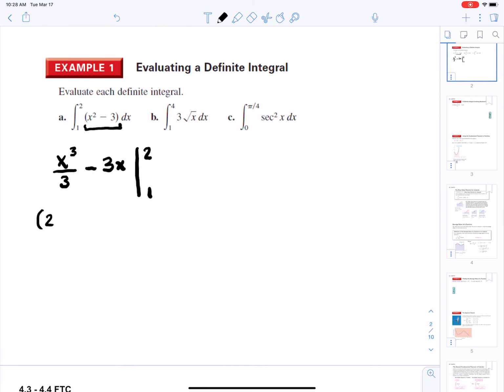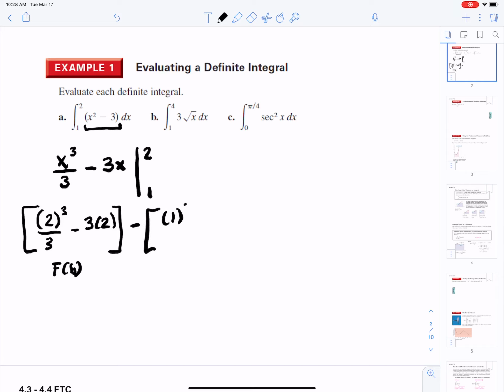So 2 cubed over 3 minus 3 times 2. That's me subbing in the upper value. This is like the f of b in the theorem. Minus, I sub in the lower value, 1 cubed over 3 minus 3 times 1. And this is like my f of a, the antiderivative with a subbed in. Then we just work out this value.